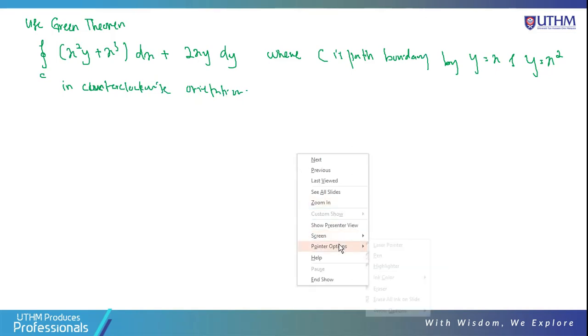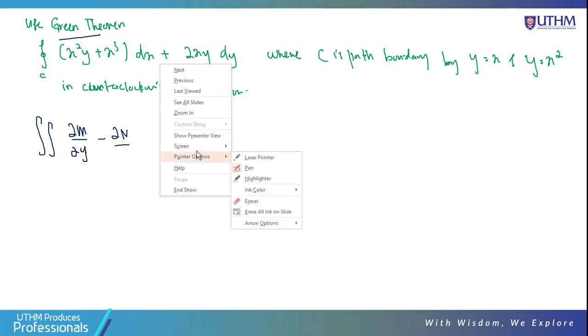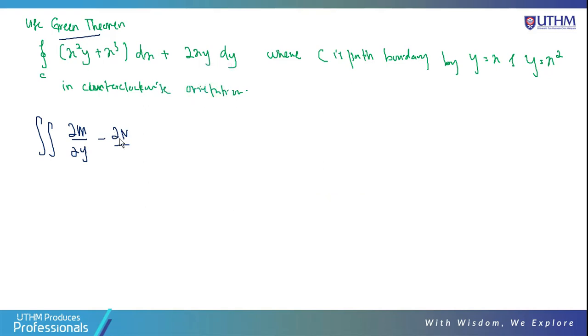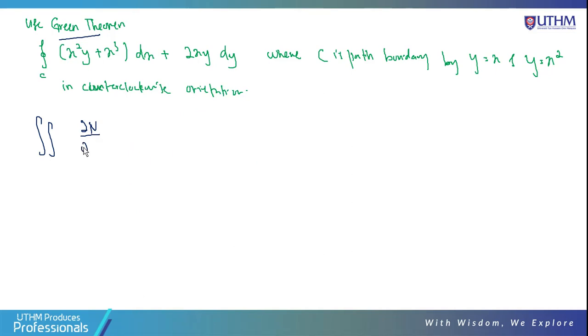So first step, the formula. You know the Green theorem formula is the double integral of partial N with respect to x minus partial M with respect to y, dA.